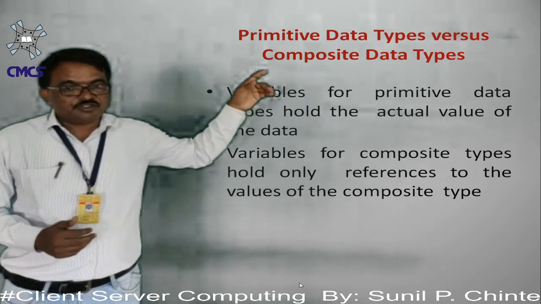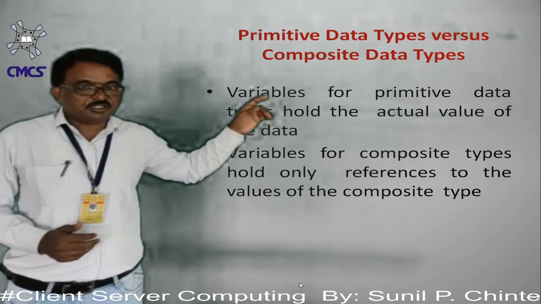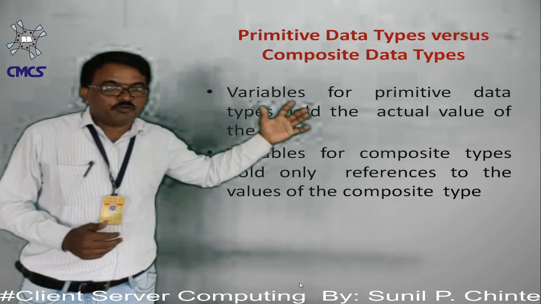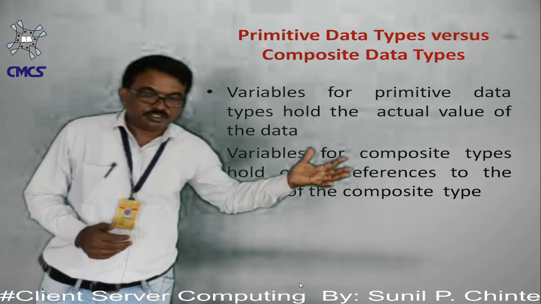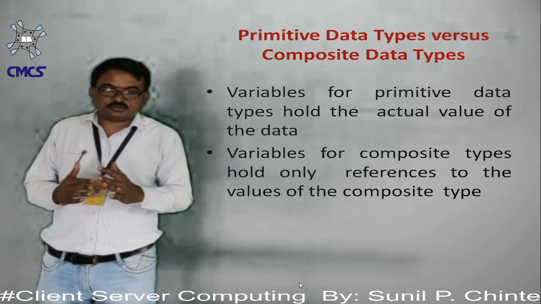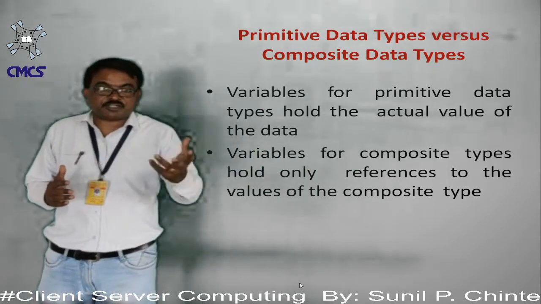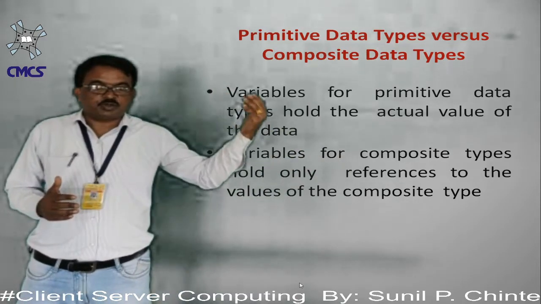But when we use the composite data types, the variable for the composite type holds only a reference to the values. Reference is nothing but the address of that location.